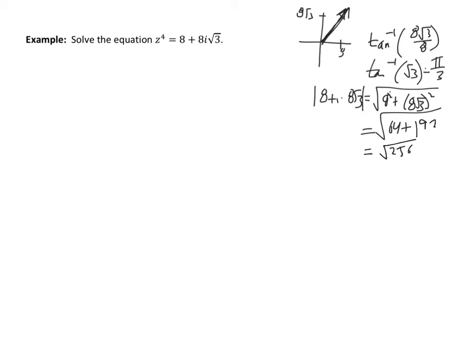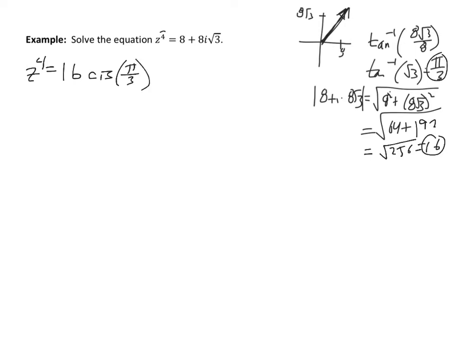The square root of 256 is 16. Okay, great. So now we've got our modulus and our argument, and we bring them back to the problem. We can now say that z to the 4th is 16 cis pi over 3.